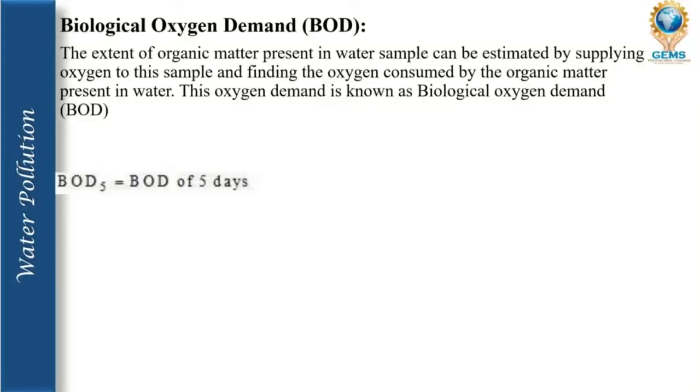Once they start to consume the oxygen, the aquatic creatures that live in the water will have a big demand for oxygen. That leads to the dying of the aquatic creatures. So that is called the biological oxygen demand.